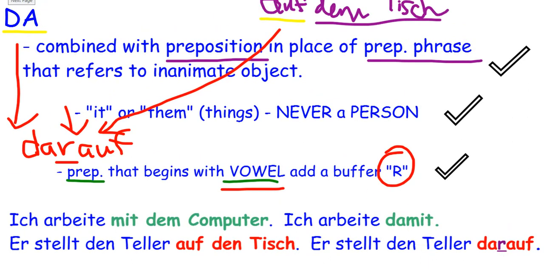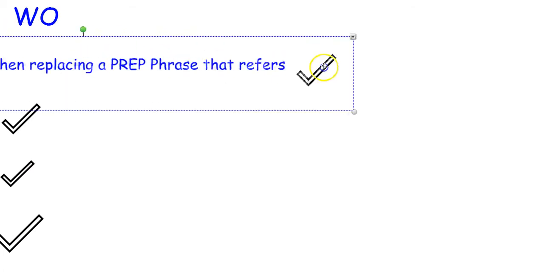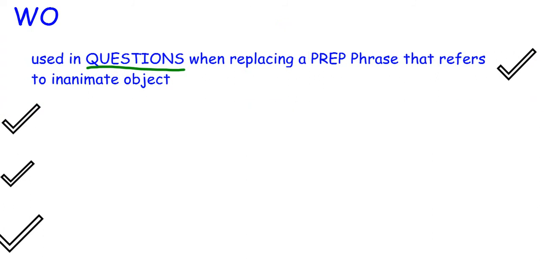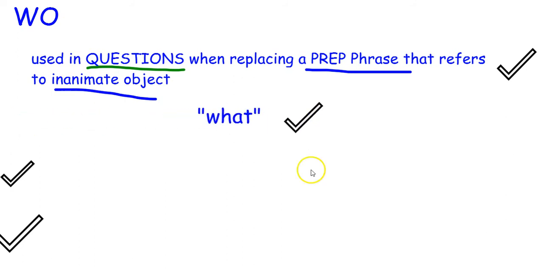So let's look at some examples of da compounds. Oh, sorry. We'll look at the wos first, and then we'll look at some examples. So wo, very similar, is used when we're asking questions. Once again, wo being a question word may be helpful to remember. It's going to replace the prepositional phrase, once again, with an inanimate object, so never a person.